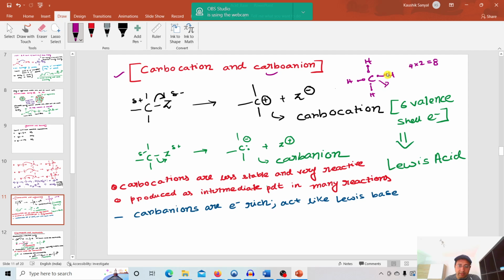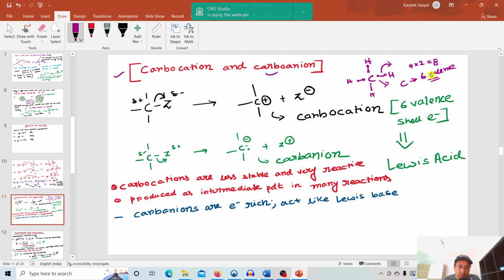But what happens if this hydrogen atom, or any other group, takes the bonding pair of electrons? In that case, there will be only 3 covalent bonds, each sharing 2 electrons, so carbon has a total of 6 valence shell electrons.